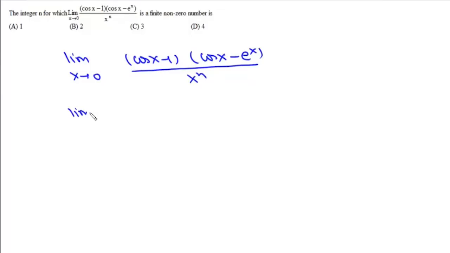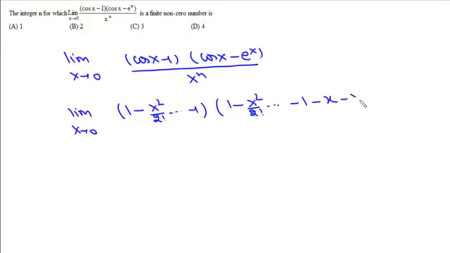Now this is limit x tends to 0 and this is 1 minus x square upon factorial 2 minus 1, and here it is 1 minus x square upon factorial 2, and this is minus 1 minus x square upon factorial 2, all divided by x to the power n.